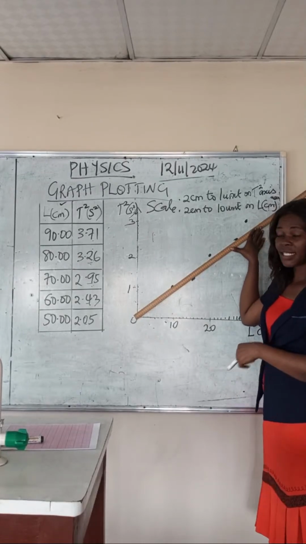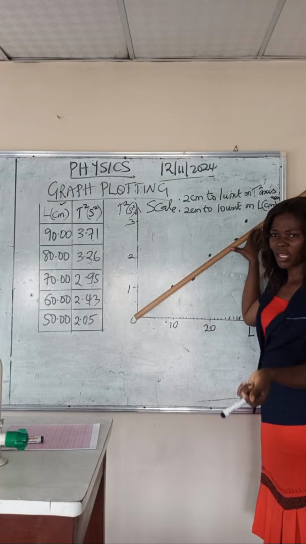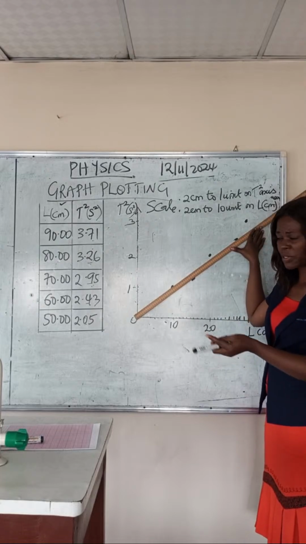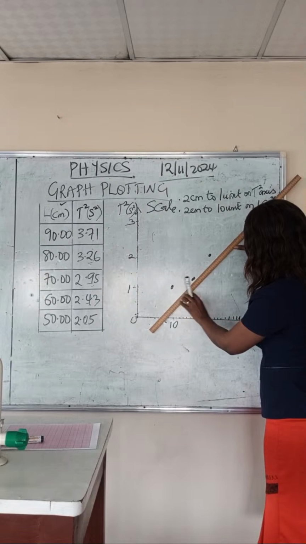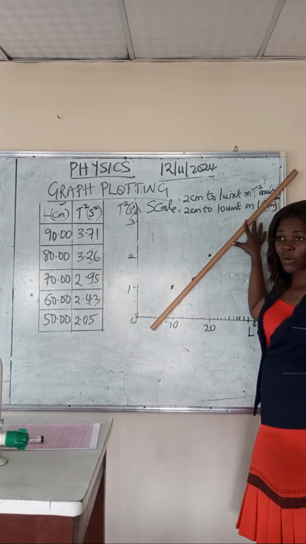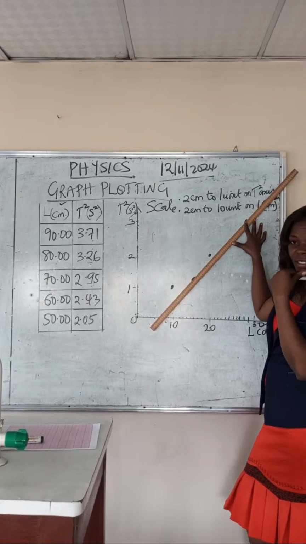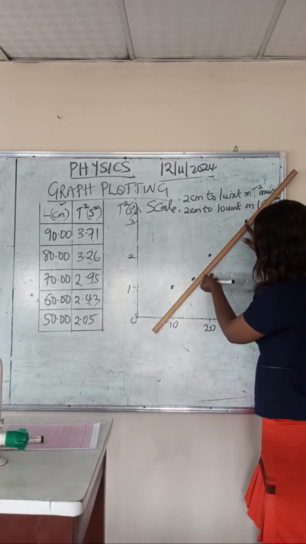I can say that this is the line of best fit. I can still try another method to see whether there's another possibility before I join. I have this, 3 enter. But these two are on this side and one on the other side. Yes. Let's just try another one.